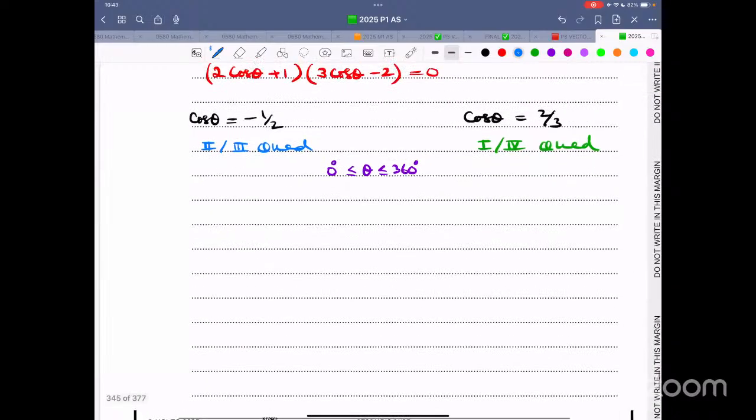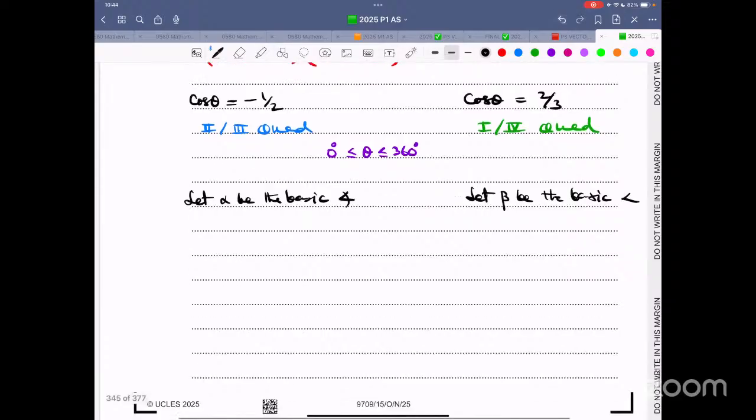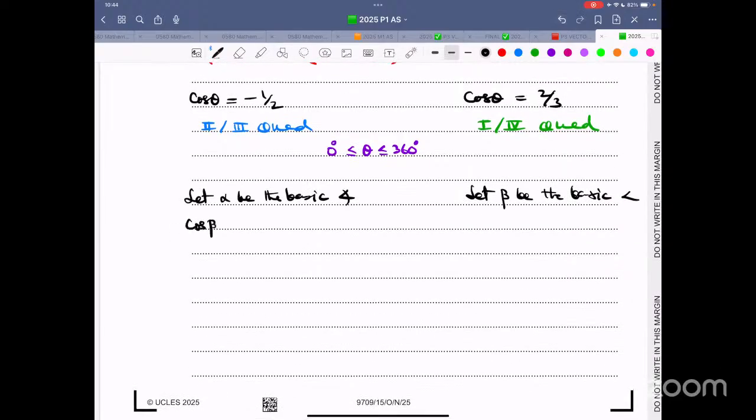So now we can write the basic angle. Let alpha be the basic angle. Now it's different for each one of them. Let beta be the basic angle. So now this thing is there. So cos of alpha is equal to half. Therefore, alpha comes out to be 60 degrees.